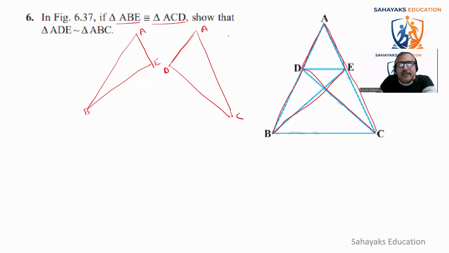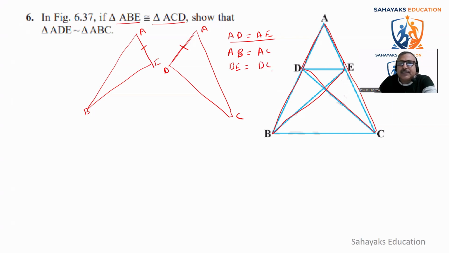So from here we know that AD is equal to AE. This side is equal to this side. And AB is equal to AC. The complete sides AB and AC are equal, and we can say BE is equal to DC.